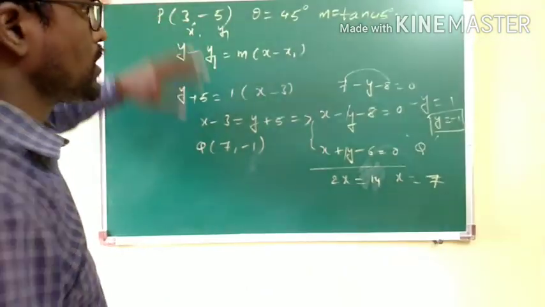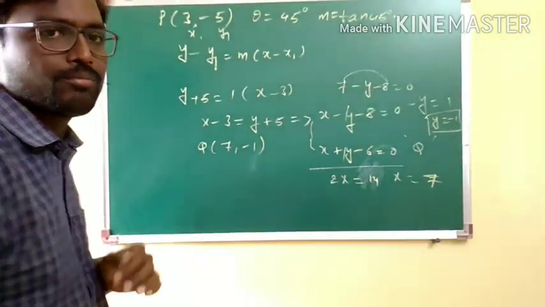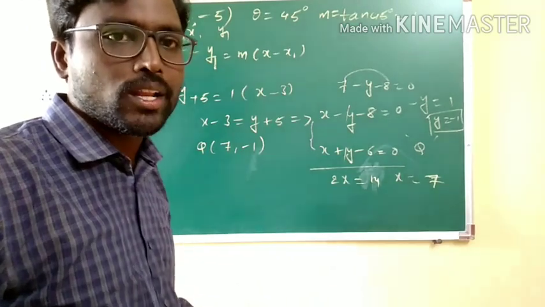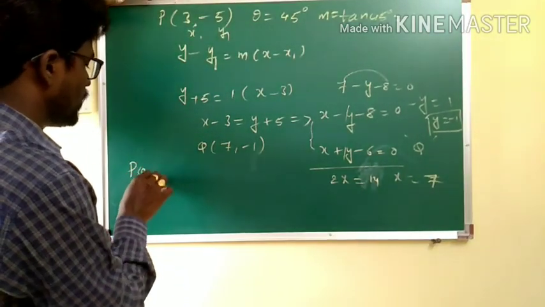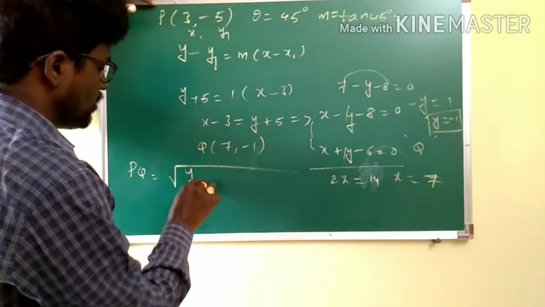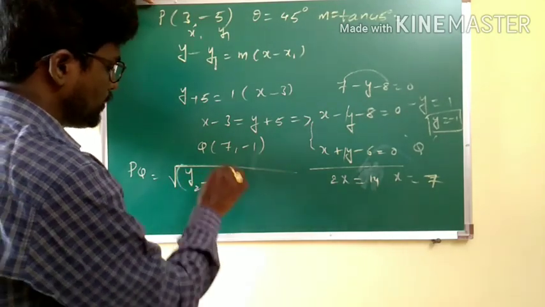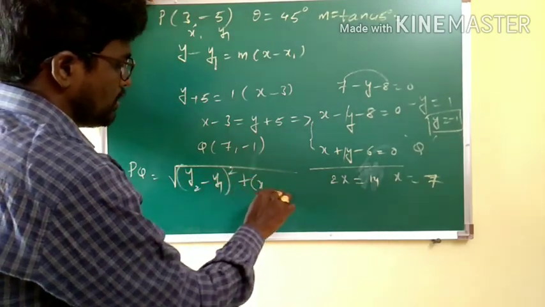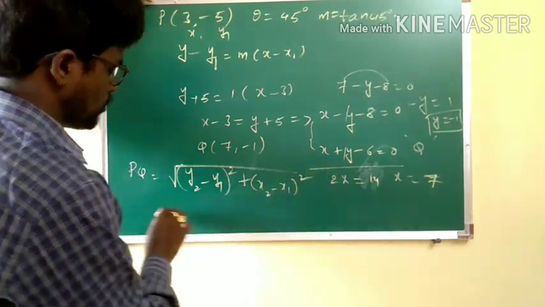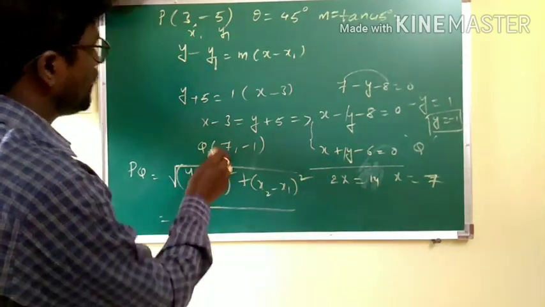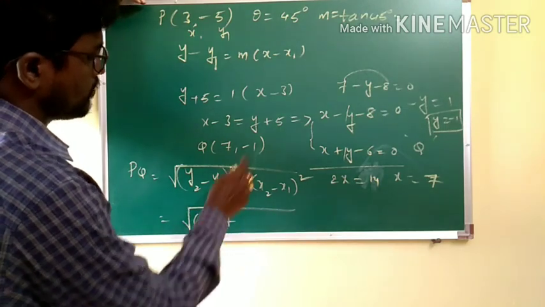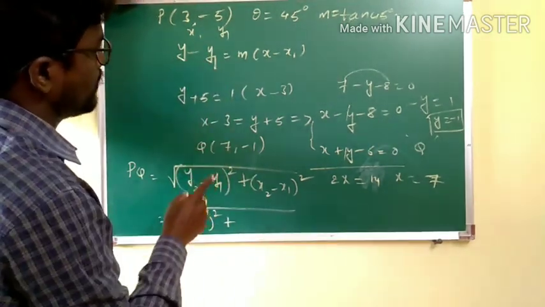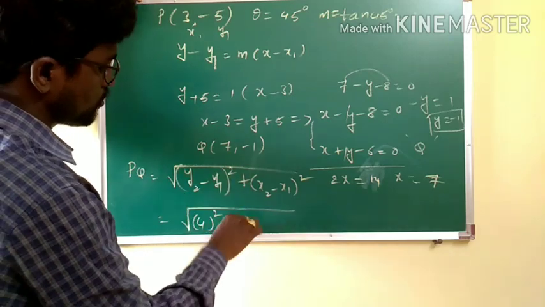Now it is asked to find the distance between P and Q. Whenever you are given two coordinates and asked to find the distance, what will you do? PQ is equal to the square root of (y2 minus y1) whole square plus (x2 minus x1) whole square. So square root of (7 minus 3) whole square, that is 4 square, plus (minus 1 minus of minus 5), that is plus 4 whole square.